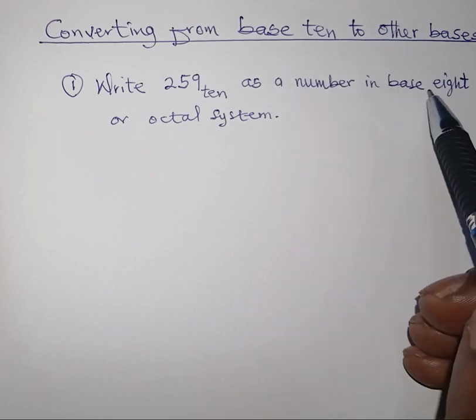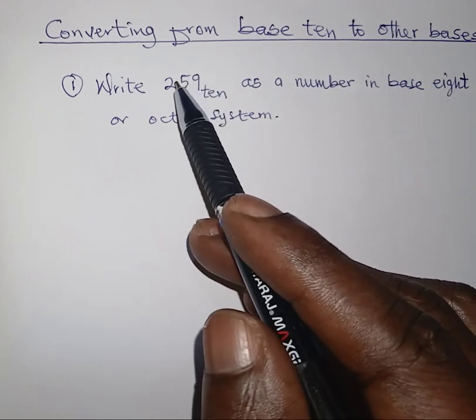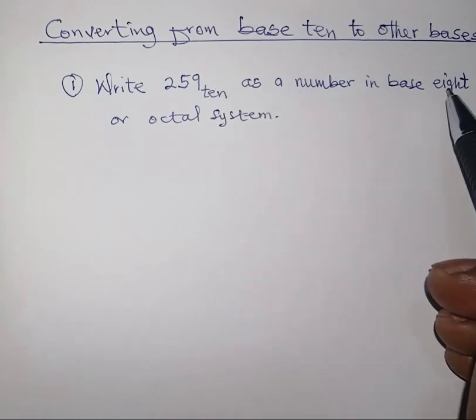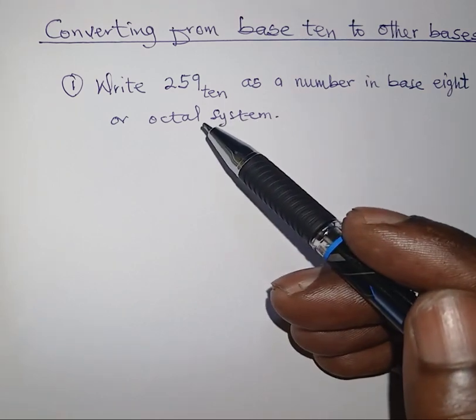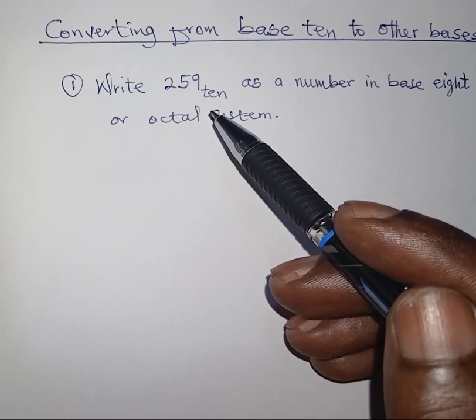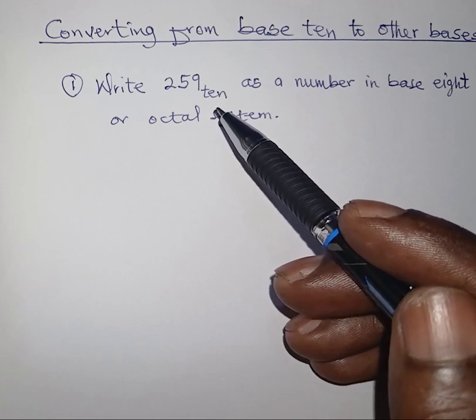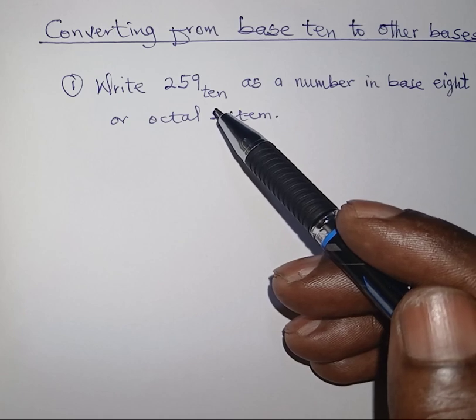Here we are to convert to base 8, so we are going to divide by 8 and write our remainder. We divide until we get to a point where we cannot divide again. Then the remainders that we get will be used as our answer.